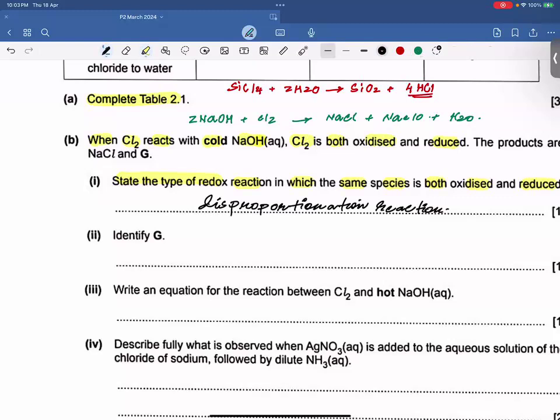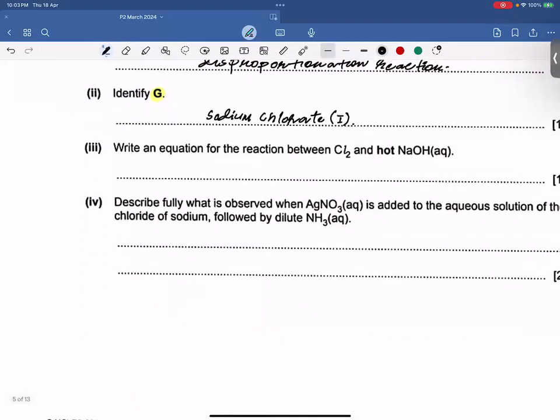Okay, identify G. So G is basically NaClO, and NaClO is basically sodium chlorate(I), and +1 is the oxidation state of chlorine in this compound, right? Write an equation for the reaction between chlorine and hot NaOH. Again, easy task.